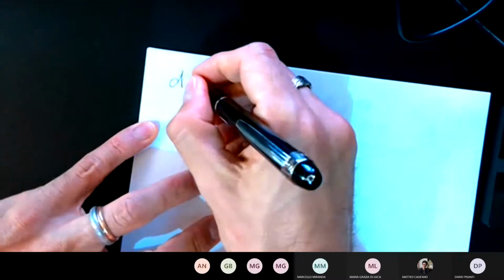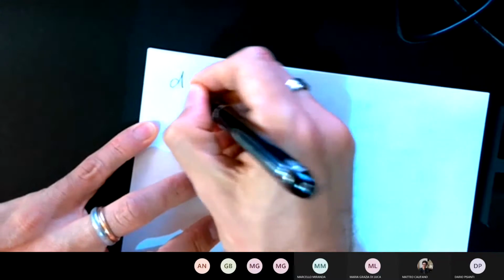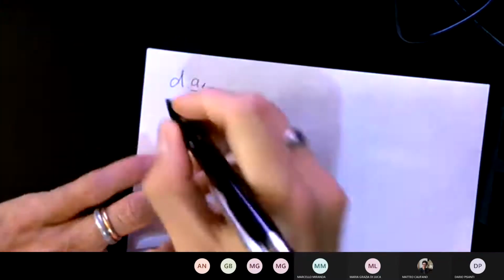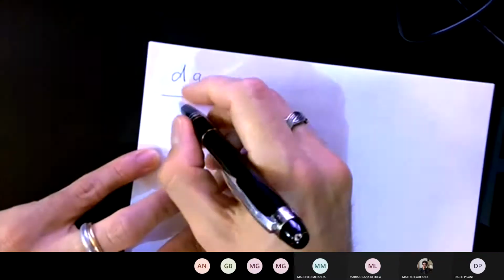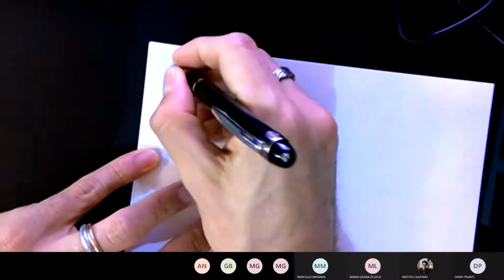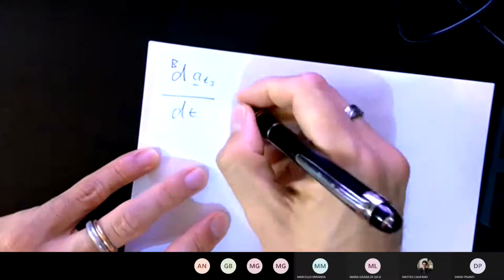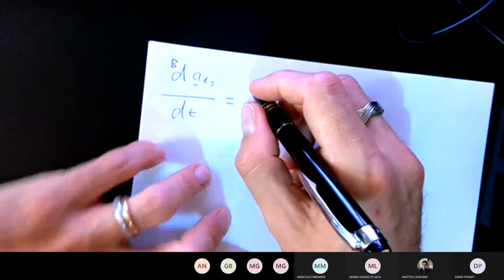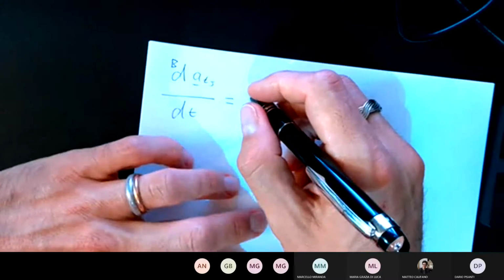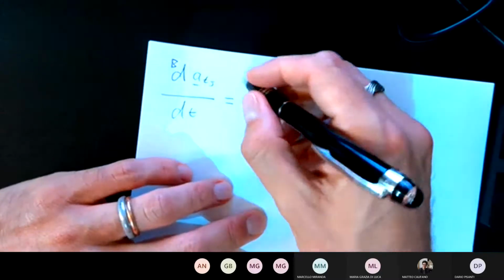So the rate of change of the TJ axis, for example, with respect to time seen by the body. So in the body axis, only the gamma angles are really changing, right?